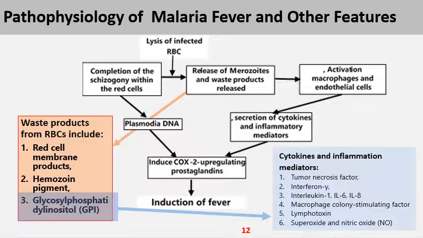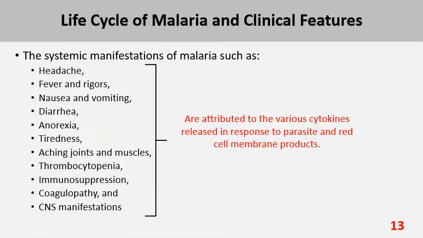Hemozoin has also been related to apoptosis of growing erythroid cells in the bone marrow, and this also results in anemia. It is important to note that many systemic manifestations of malaria are attributable to the cytokines released, and the list is endless.